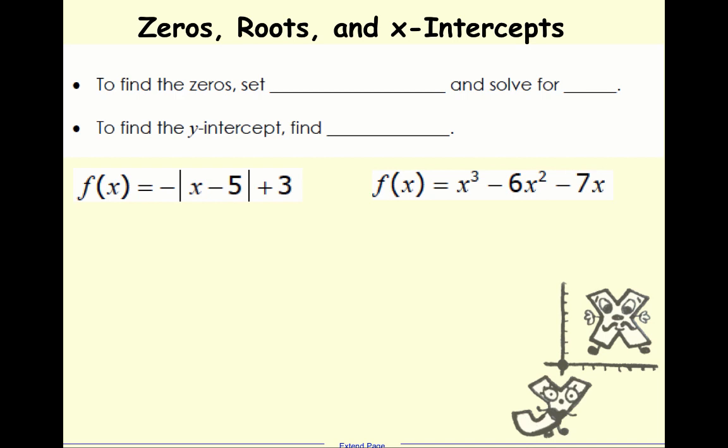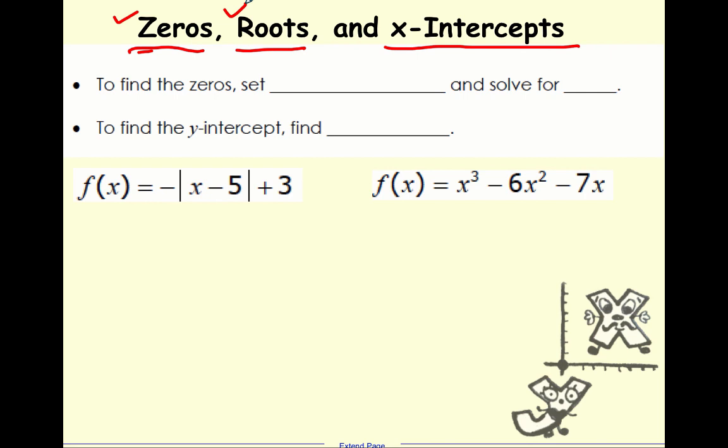One of the things that always confuses people is that in math class we throw around these three things: zeros, roots, and x-intercepts. They all really mean the same thing. The zeros are the points at which the function intersects the x-axis. In language arts, you learn that as synonyms, so these are almost like synonyms. A lot of times when we talk about zeros and roots, we talk about it in terms of algebra.